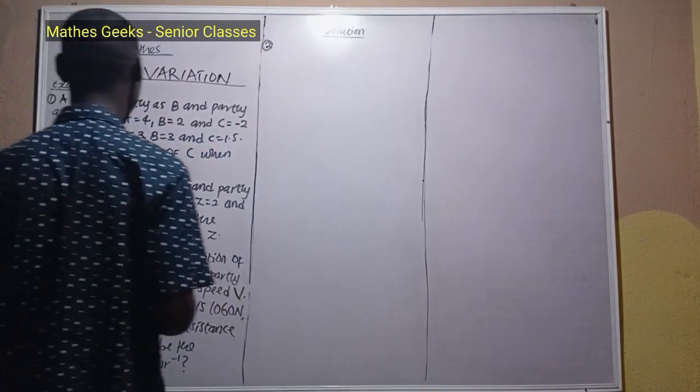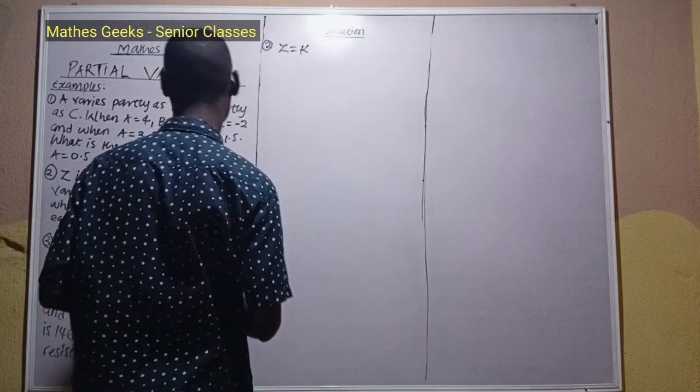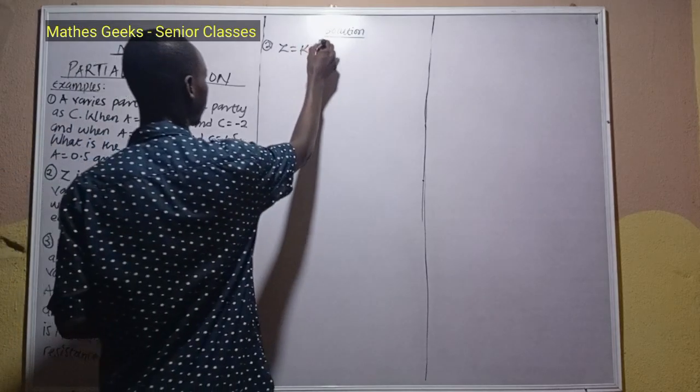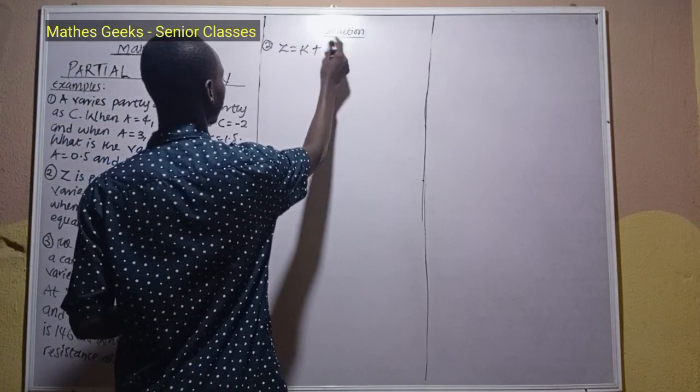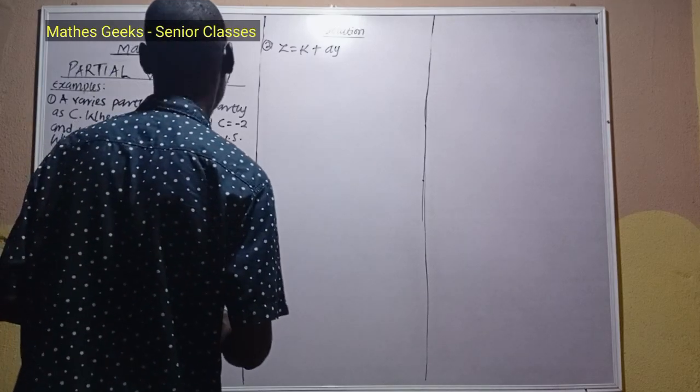Z is partly constant and partly varies as y, that is, k plus e y, where k and e are constants.